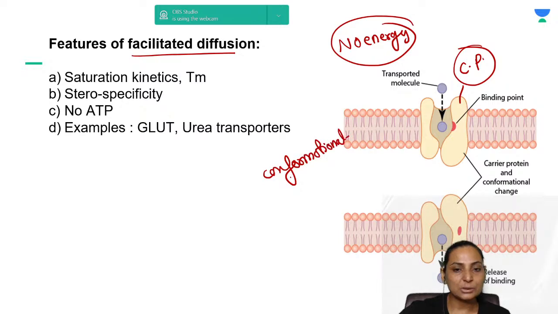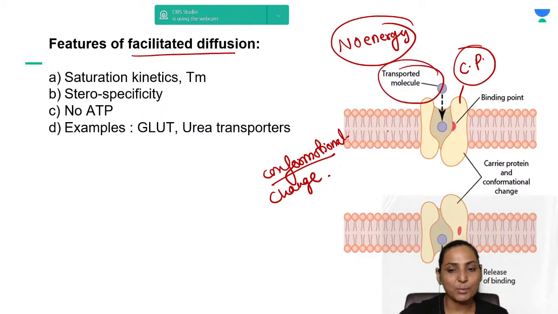You are bringing about a conformational change in the carrier protein. Can you see? This was the protein's shape, and after the receptor bound to the transported molecule, a conformational change allowed the substance to be released, right? So a carrier protein is needed, but no ATP.